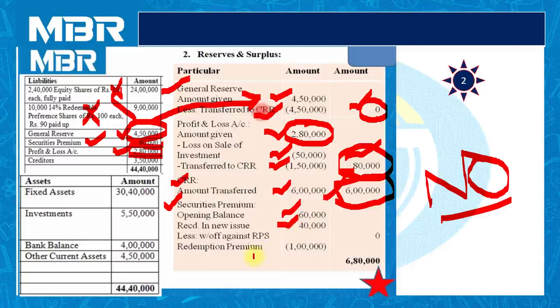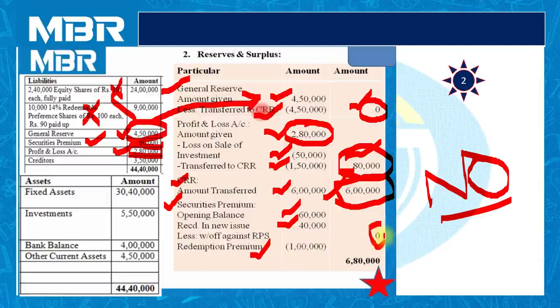And at the time of adjustment of RPS redemption premium in step number 4, we have adjusted rupees 1 lakh against security premium. So 60,000 plus 40,000 is equal to 1 lakh, minus the amount adjusted, 1 lakh.